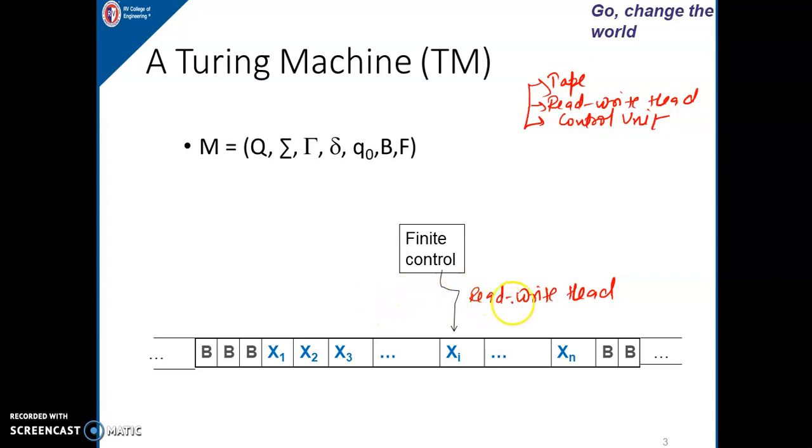So this read write head can move either in the left direction or it can move towards the right direction. That is, movement can be on both the direction.